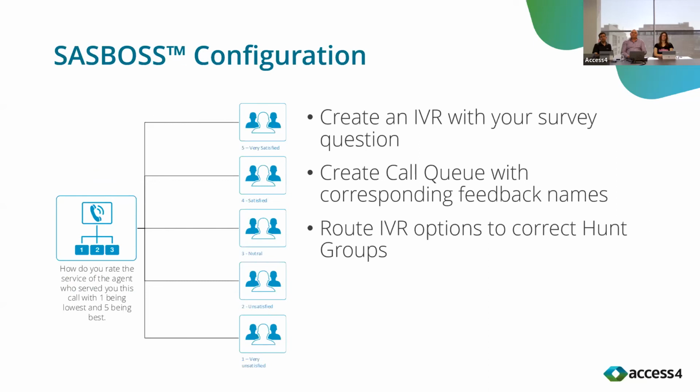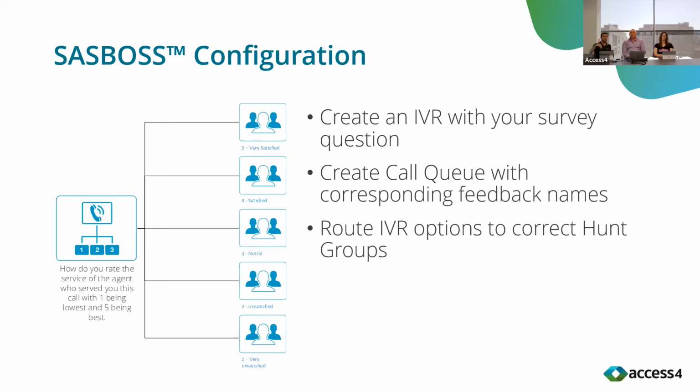So from our perspective, to be able to set it up, all you need is an IVR and some call queues. IVR is a really cheap product on our services. Call queues are all free, so it's really cheap to deploy this for your customers. It's just a matter of creating the IVR, putting down the options as your different tiers for your results, creating independent call queues for those corresponding feedbacks, and making sure that they're named something that means something.